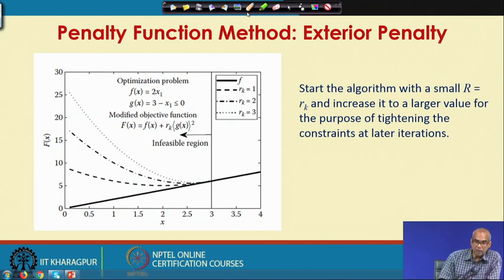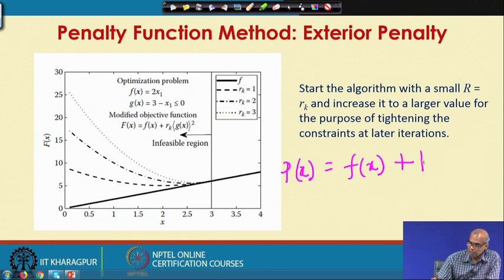The optimization problem that is being solved is f(x) equal to 2x1 subject to 3 - x1 less or equal to 0. So, the penalty function p(x) is the objective function plus the penalty term. For the penalty term, let me use the bracket operator of g(x).